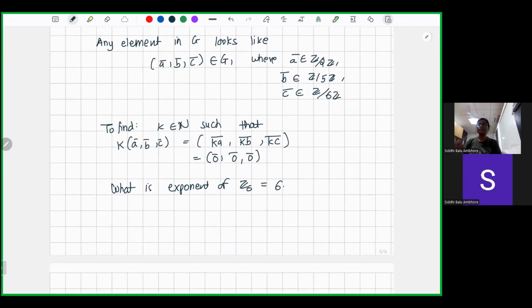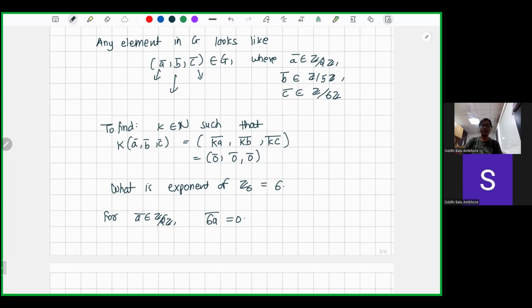And the moment I have 6, 6a bar will also be 0 for a bar in Z2. So choosing 6 takes care of the first and third coordinates in G.